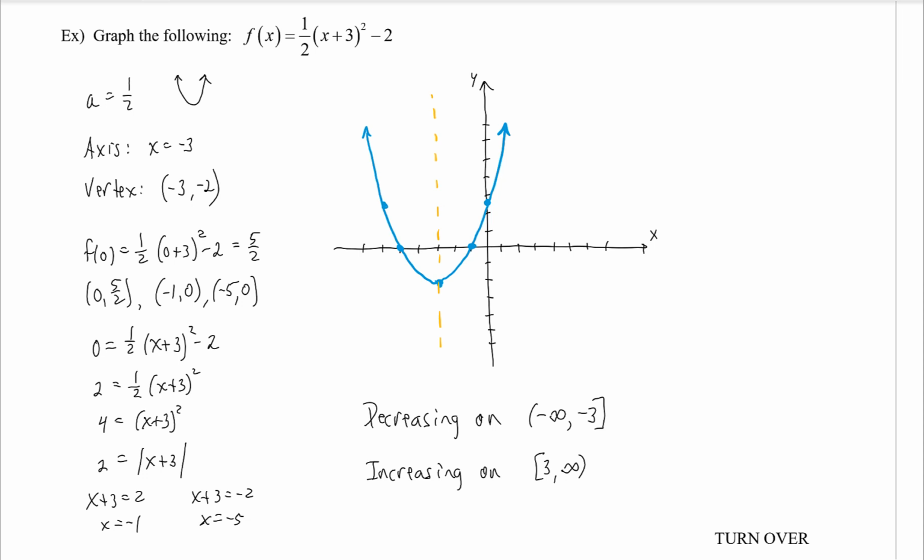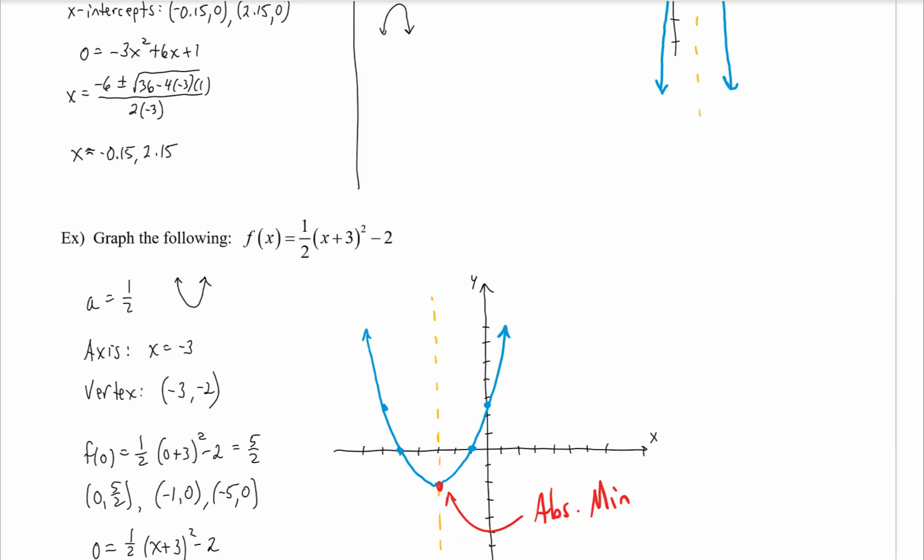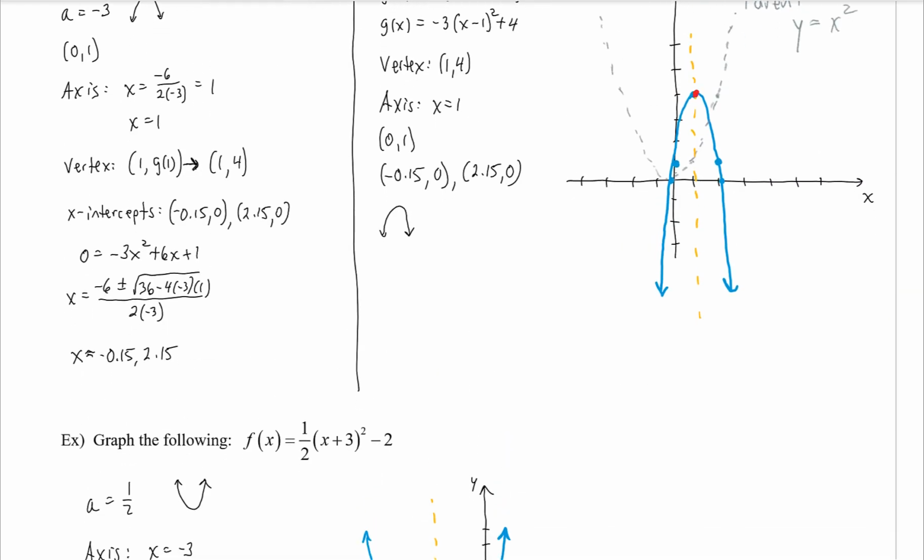That's what's important here. So the other thing that we want to point out is that parabolas always have an absolute max or an absolute min. They've got one or the other. So if you look, this one has an absolute min. And this one up here had an absolute max.